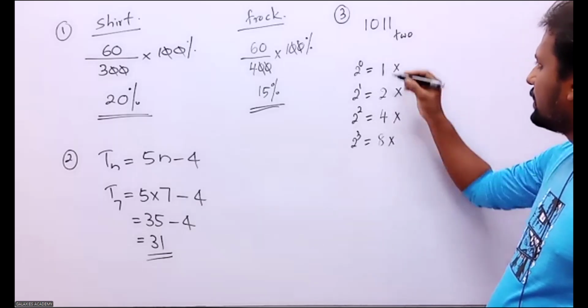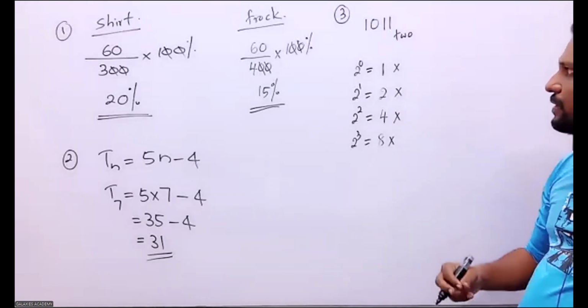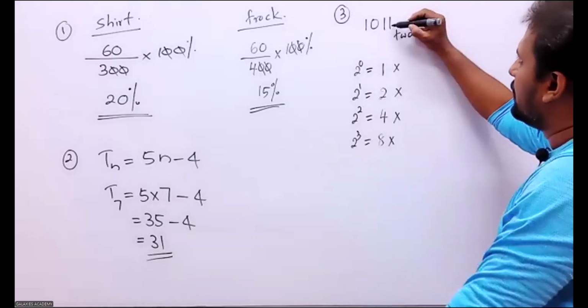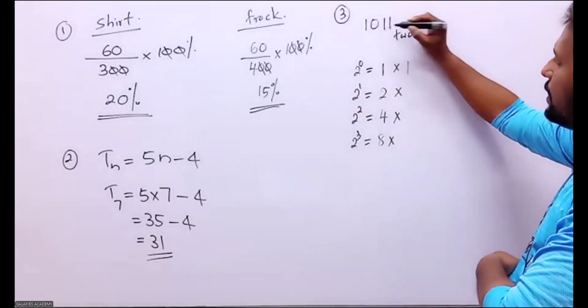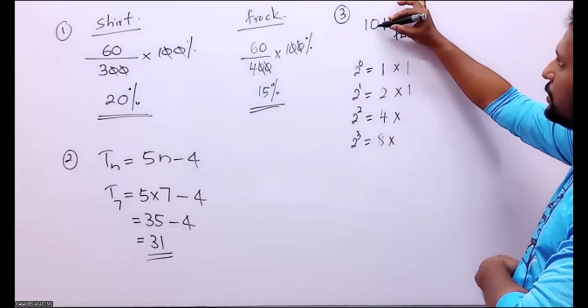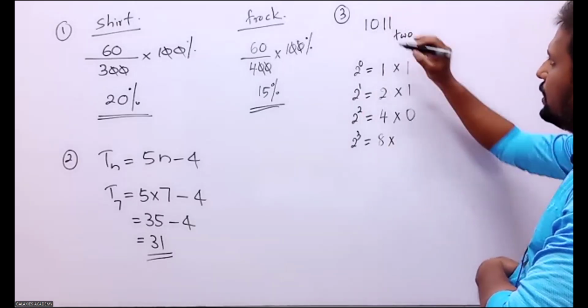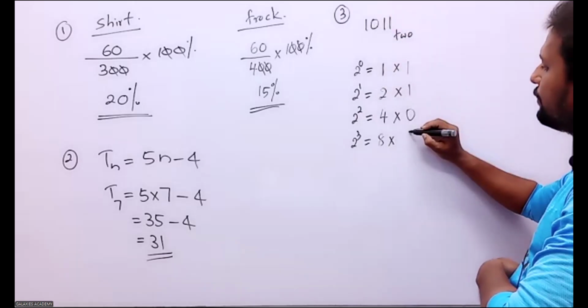Then we can write the relevant values of these positions. 2 to the power 0, 1. 2 to the power 1, 1. 2 to the power 2, 0. 2 to the power 3, given 1.